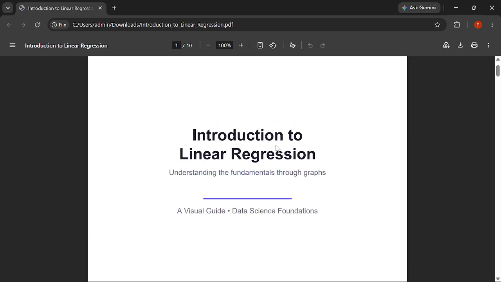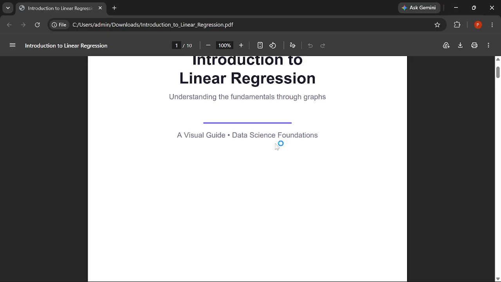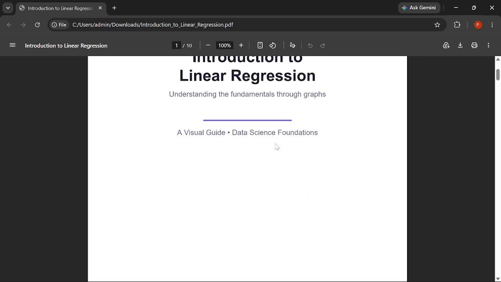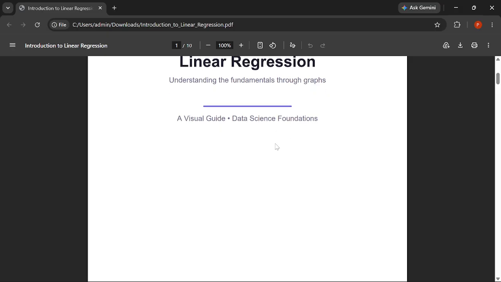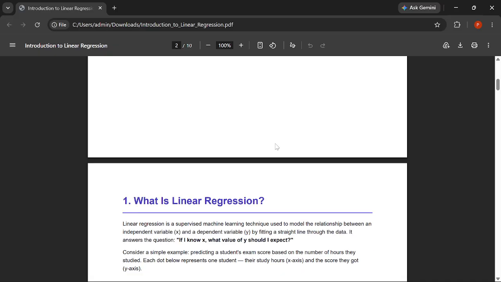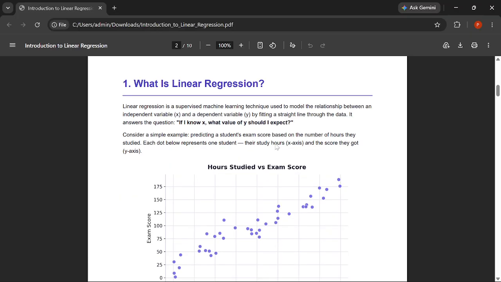So what is linear regression? Let's focus on the simple linear regression. So what is simple linear regression? It is nothing but a supervised machine learning technique used to model a relationship between two variables, or features, as we can call them in data science.